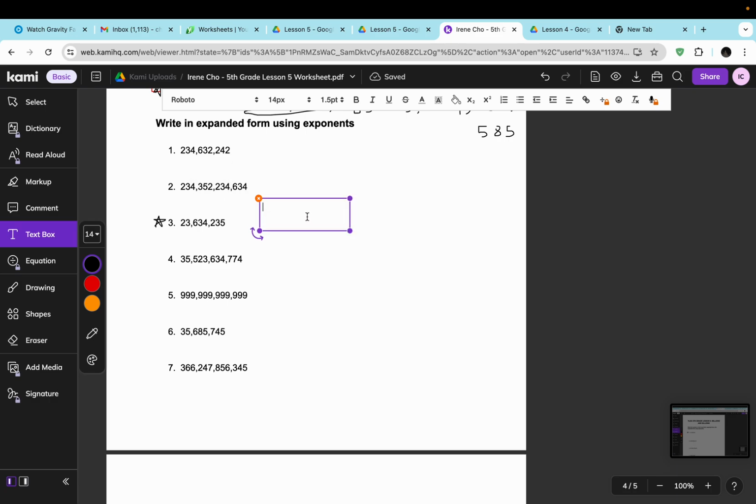So it would be 2 times 10 to the power of 7 plus 3 times 10 to the power of 6.